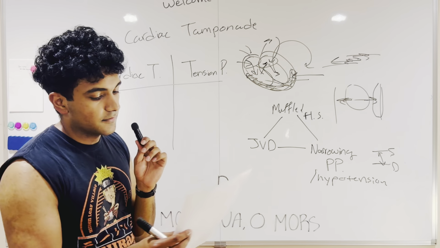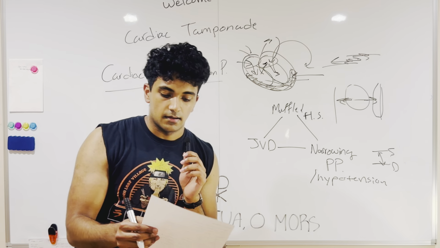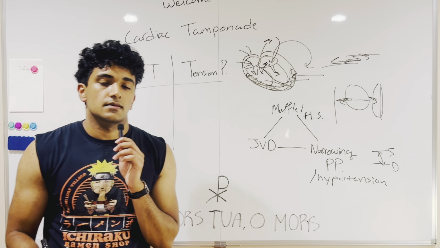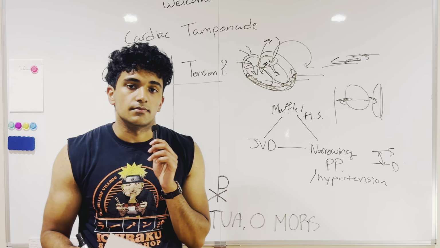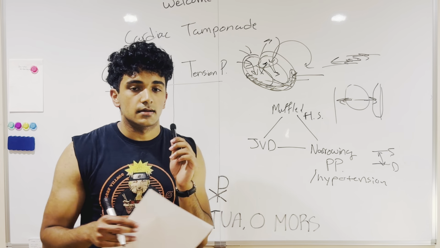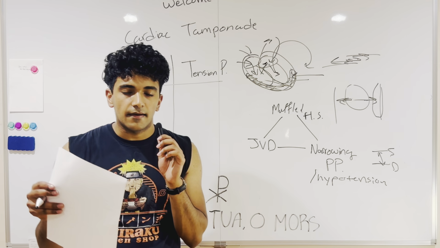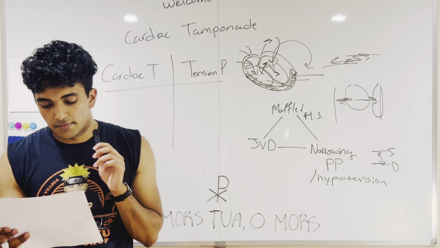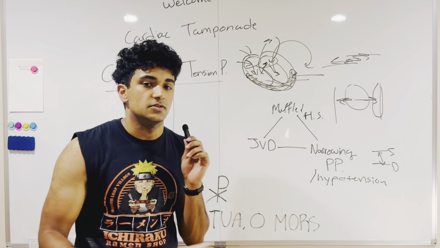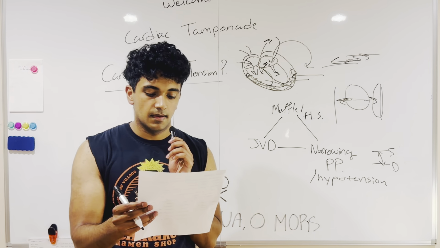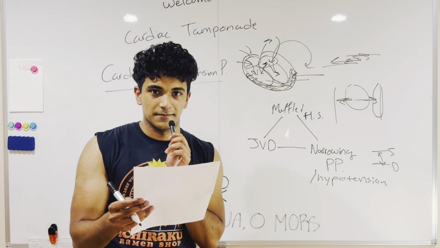So in both cases, you're going to have respiratory distress. Your neck veins are going to be distended in both cases. Because with tension pneumo, you've got the pressure from the air in the pleural cavity, and similarly, we talked about JVD in cardiac tamponade just now. I'm not going to go over that again because that would be repetitive.